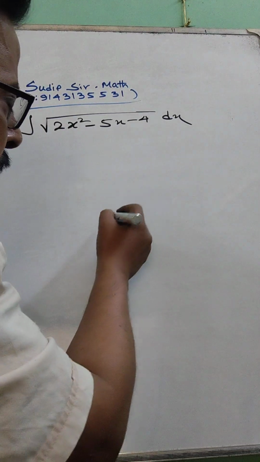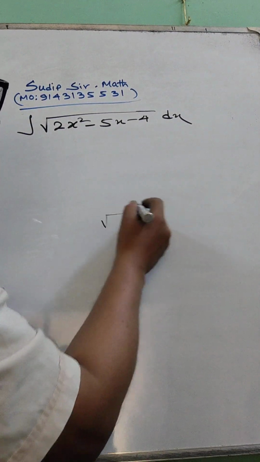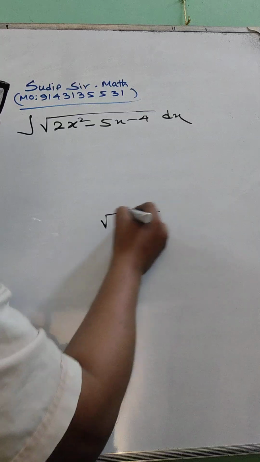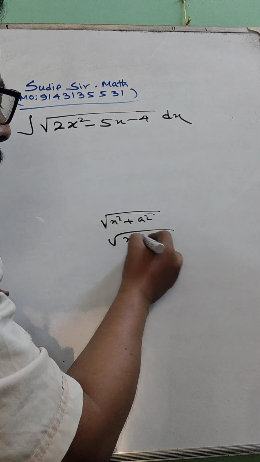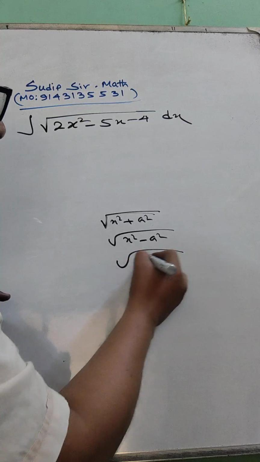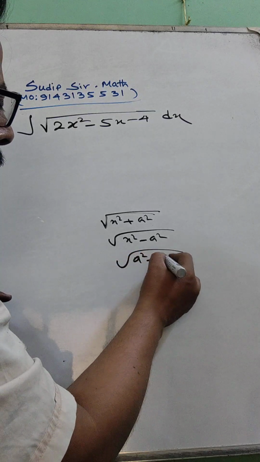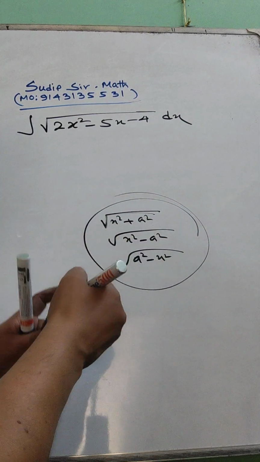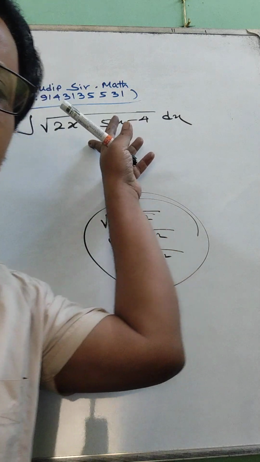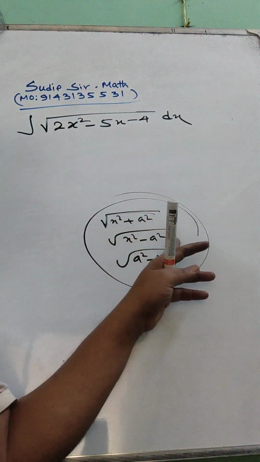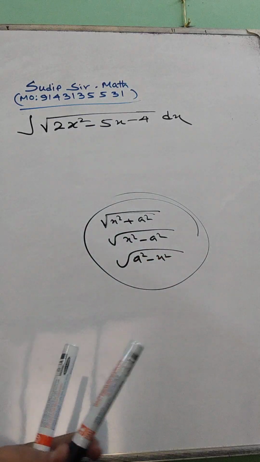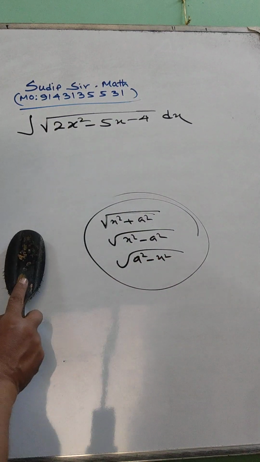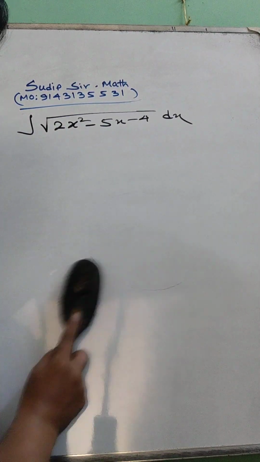So here we will use that type of formula, root over of x² plus a², or x² minus a², or a² minus x² type. So this will be in the form of either this or this or this. Now we have to simplify it to get this type of form.